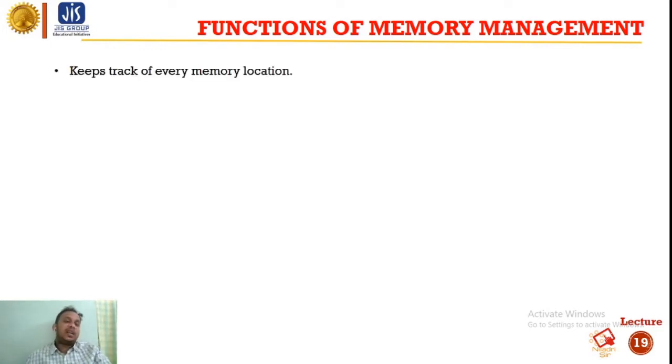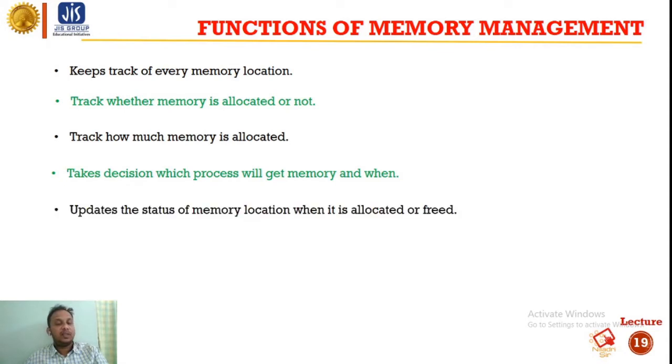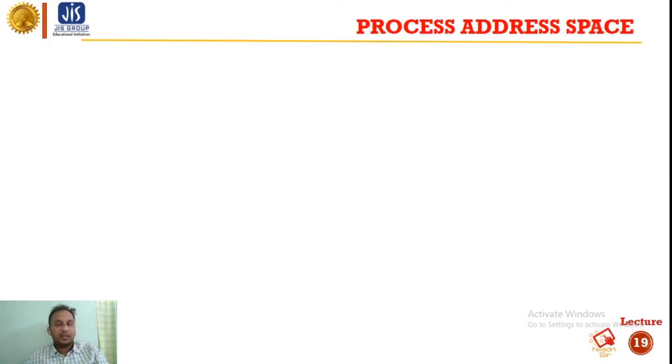So it keeps track of every memory location, tracks whether memory is allocated or not, tracks how much memory is allocated, takes the decision which process will get memory and when, and updates the status of a memory location when it is allocated or free.